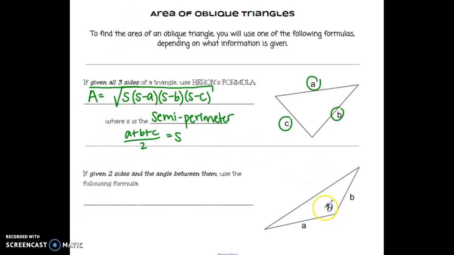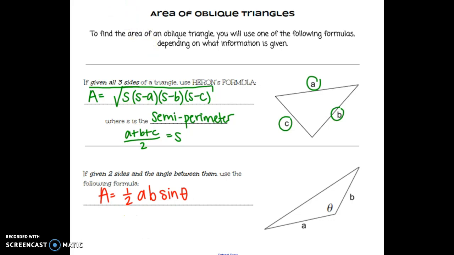The angle given has to be between the two sides, but it's not necessarily A and B. It could be sides A and C or sides B and C. It doesn't matter, but we're going to call these sides A and B here. We're going to use those sides in this formula: the area equals 1/2 times A times B times the sine of theta.